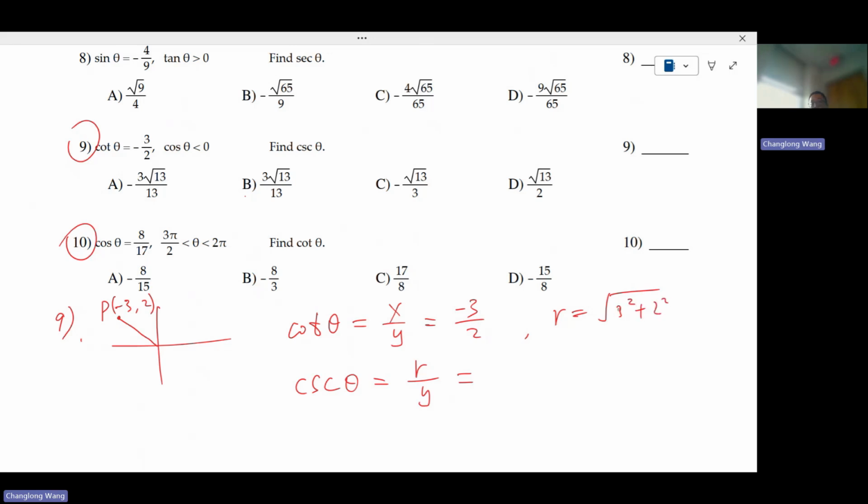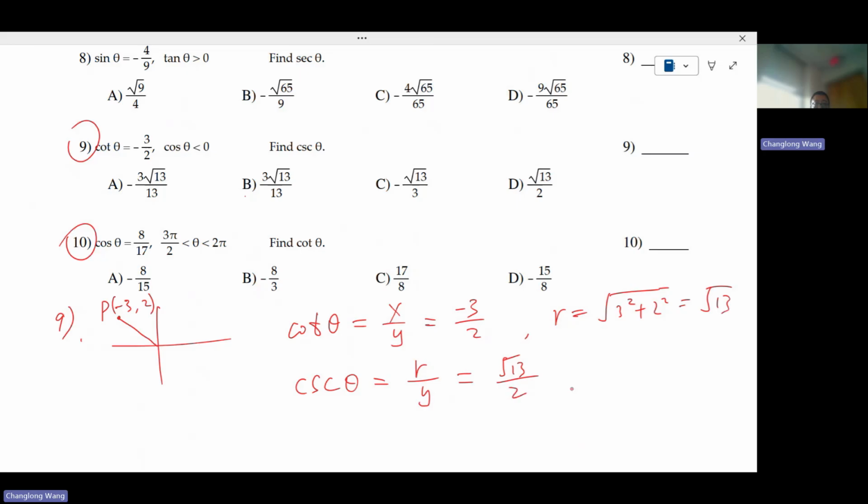So you guys realize that it doesn't matter whether it's going to be a 3 or negative 3, right? Because you square it, it's going to get positive anyway. So what is this? Radical 13, right? Okay, good. Thank you. So we have radical 13 for r divided by y, that is 2.